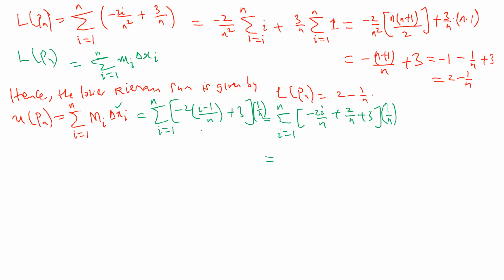Okay, so first things first, we multiply through by the 1 over n outside for the delta xi. Right, so this is minus 2i over n squared, plus 2 over n squared plus 3 over n.